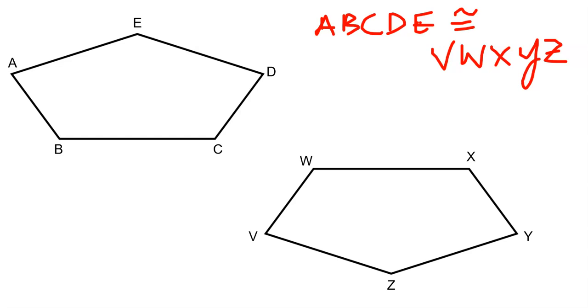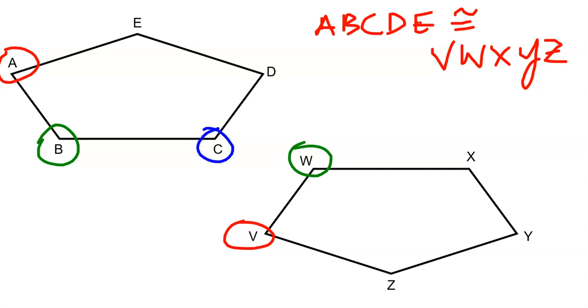That means that the corresponding angles are A and V, B and W, because pentagon VWXYZ is actually flipped vertically from ABCDE, C and X, D and Y, and then finally E and Z, all because they occupy the same place in the naming of those congruent figures.